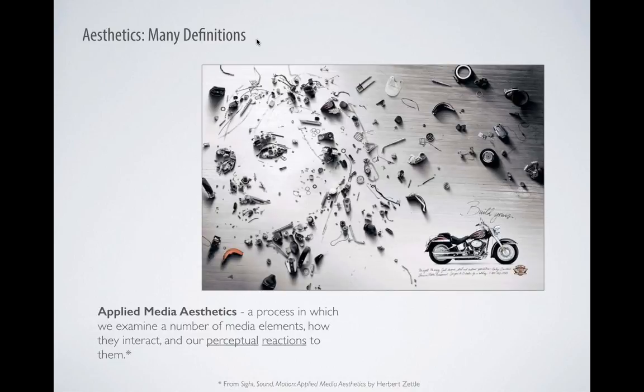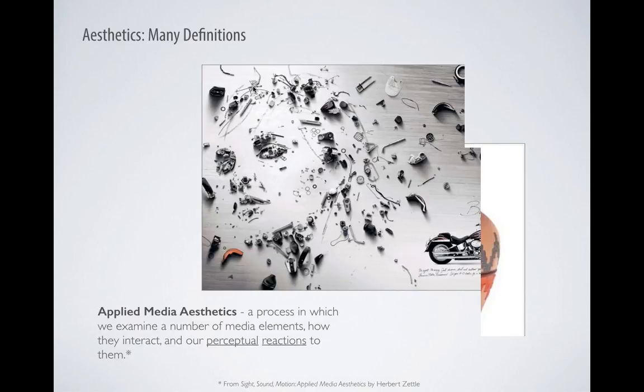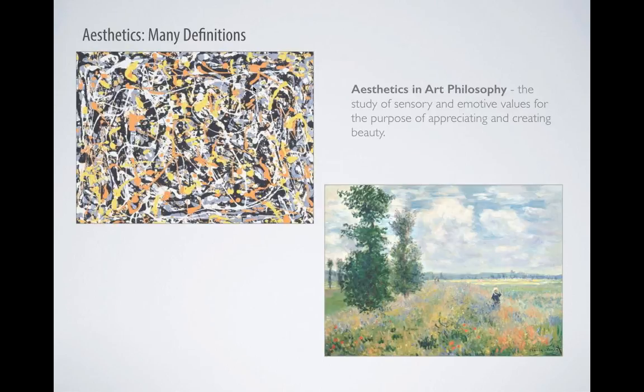And that is where the more current definition, which is applied media aesthetics, comes into play. Now, let me go back a step if I can. Looking at this definition on the screen, it says aesthetics in art philosophy is the study of sensory and emotive values for the purpose of appreciating and creating beauty.